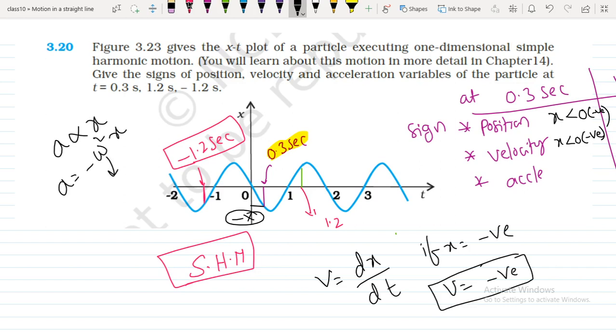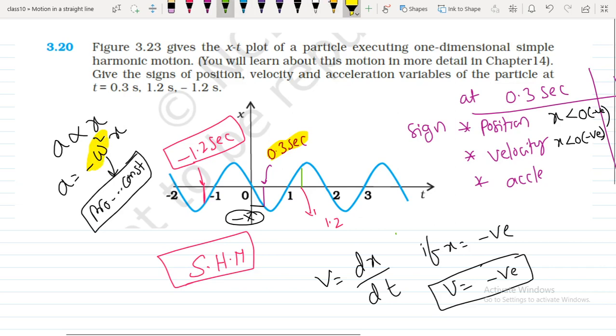Here omega is known as the proportionality constant. To find the acceleration, I will use this formula: a equals minus omega squared x.